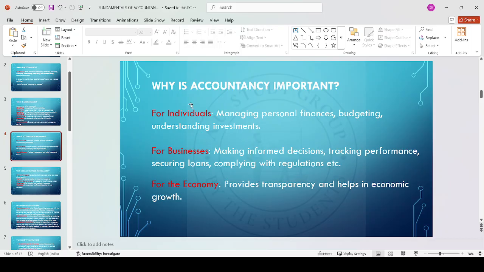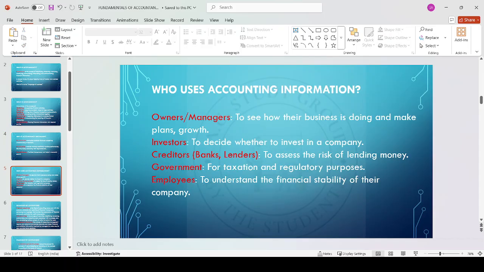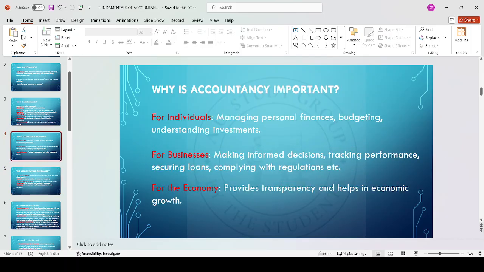Now for businesses. For any business to actually succeed, accountancy is absolutely crucial. It helps them make informed decisions about things like pricing, production, expansion, etc. It also allows them to track their performance.